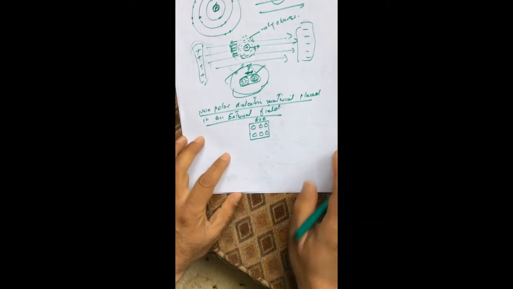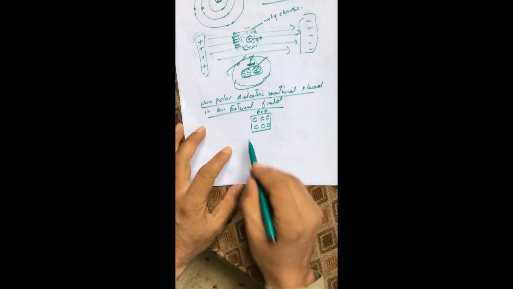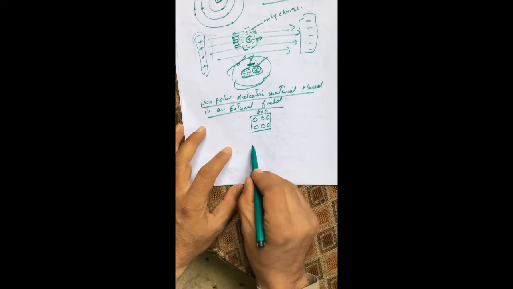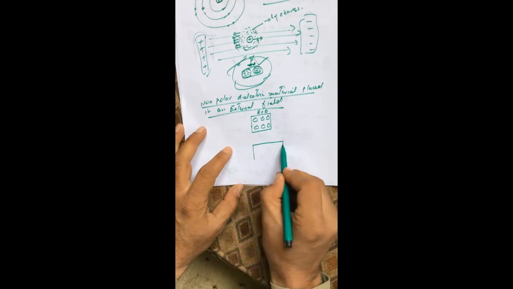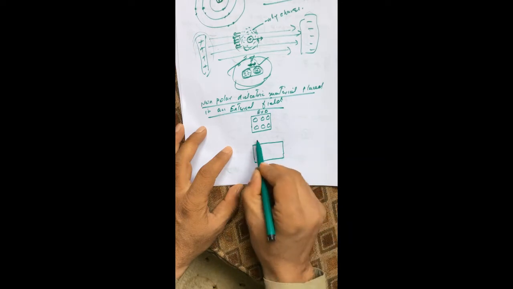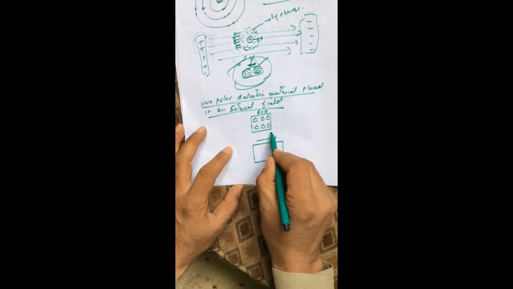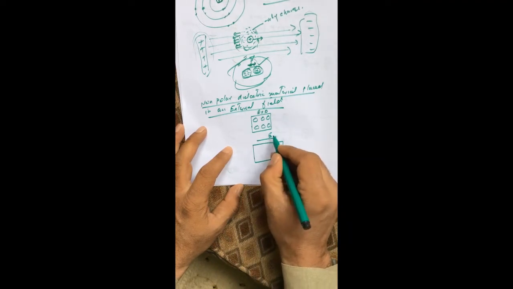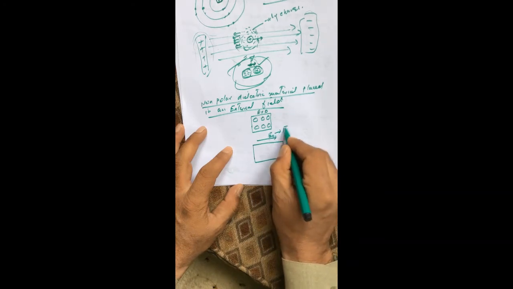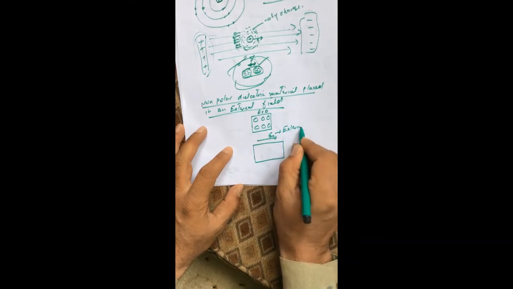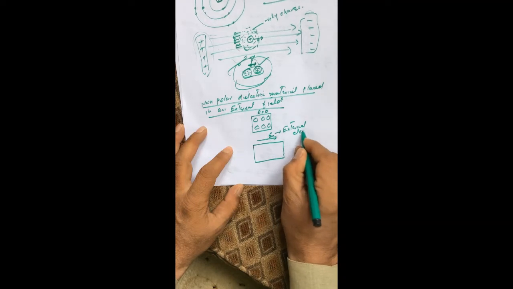Now once I place this non-polar dielectric material in an external electric field, I call it E naught. This is the external electric field.